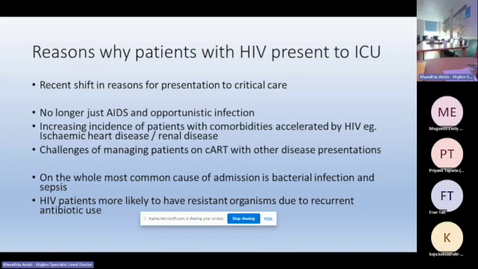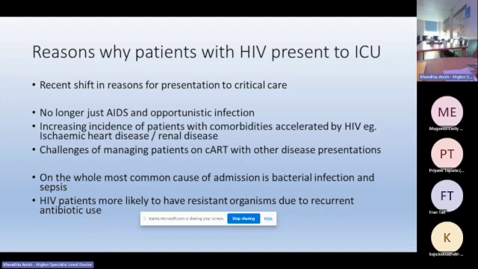The risk of all three of these is massively increased by concurrent HIV infection. Similarly, we also need to be aware of the challenges of managing patients on combination antiretroviral therapy with other disease progressions as well. And I'll go into why that's important on a subsequent slide.